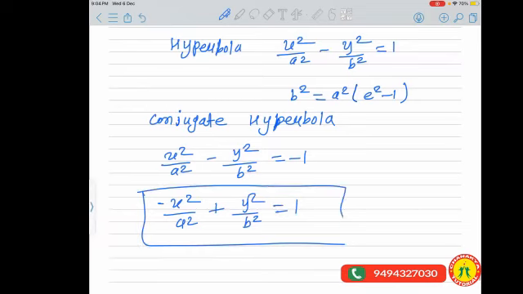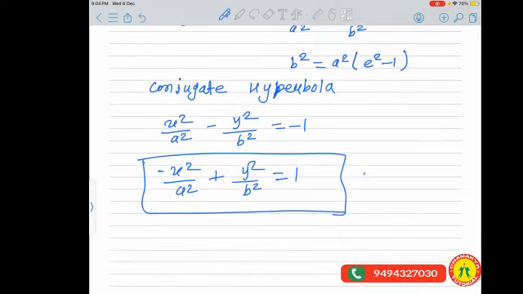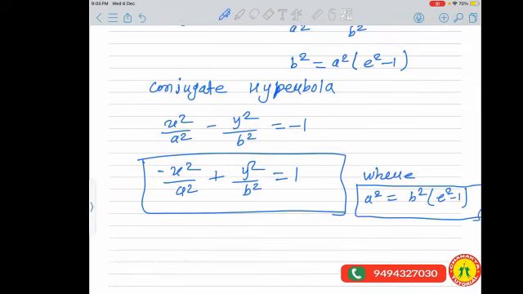Here we replace a with b and b with a. So a square is equal to b square into e square minus 1 for the conjugate hyperbola.